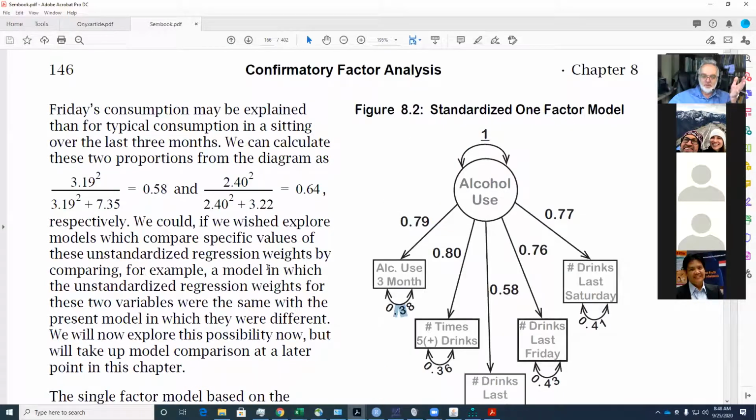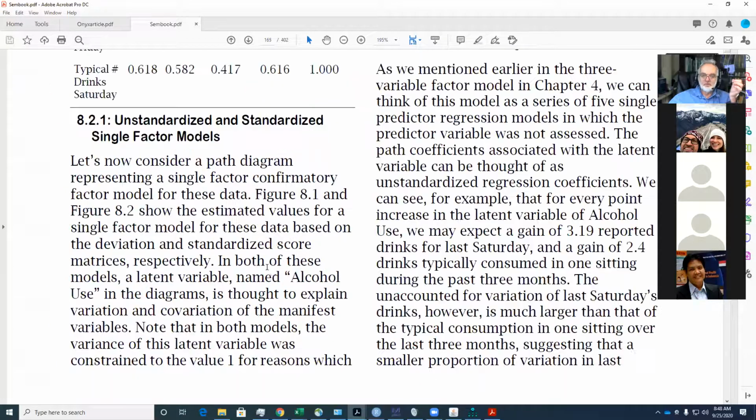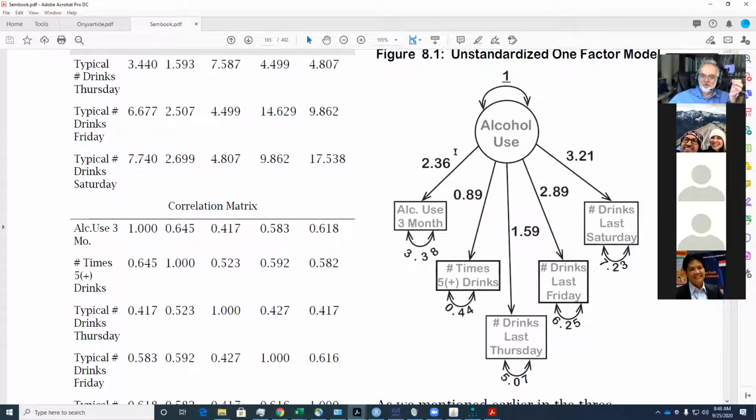And if you want, you can always calculate the proportion of variance for this variable given the unstandardized solution. Well, how do we do that? Well, the same way as we did it for corrections for attenuation.